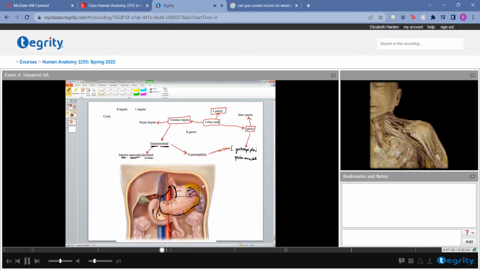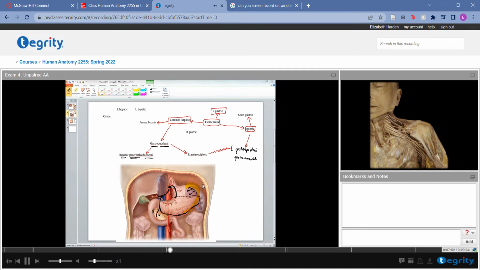Now let's go back up to our proper hepatic up here and see what that sucker's doing. Again, it's got hepatic in the name, so it's for the most part going to be supplying structures that have to do with the liver, but not always. All right, so our proper hepatic, as the name implies, is actually going to give off a branch before it gets to the liver.